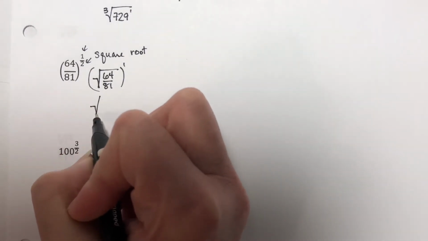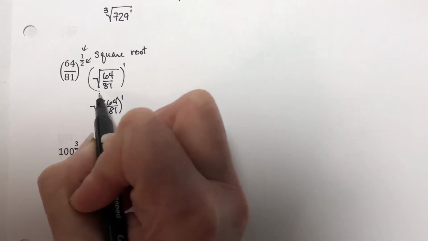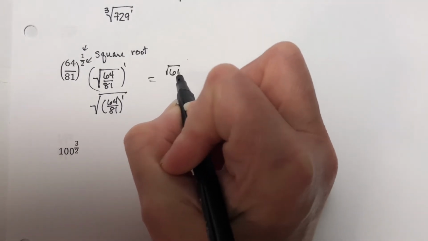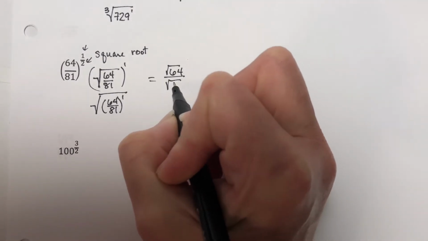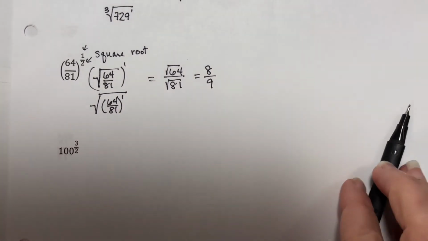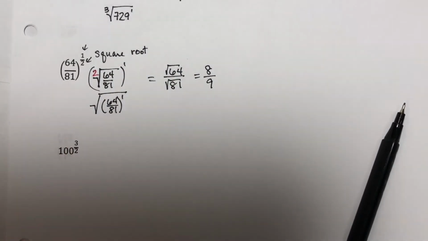Or I can think of it as the square root of 64 over 81 to the first power. Those are equivalent. And either which way, you take the square root of the top, 64, take the square root of the bottom, 81, so you get 8 over 9. Remember, this is an understood index of 2.